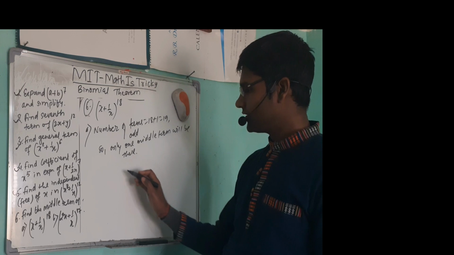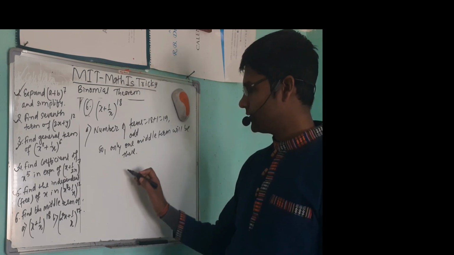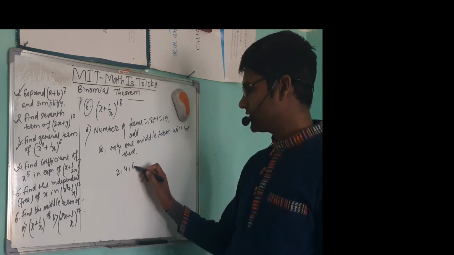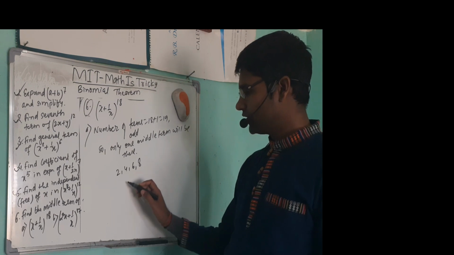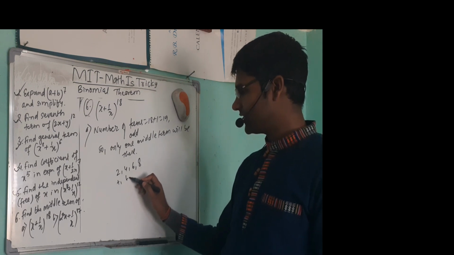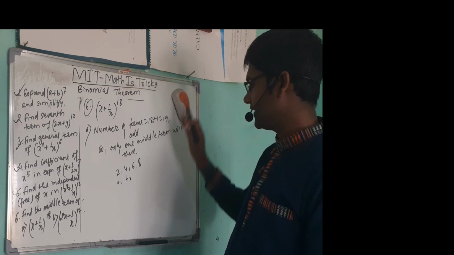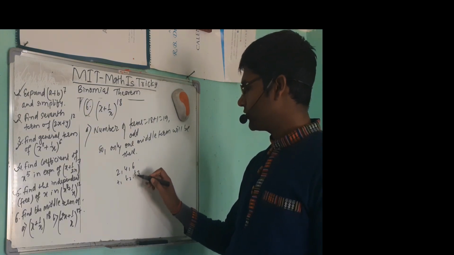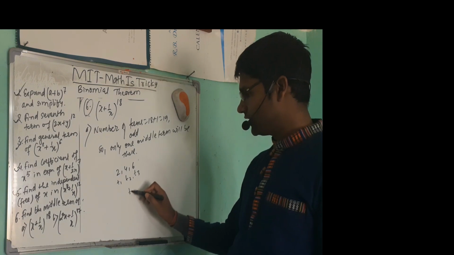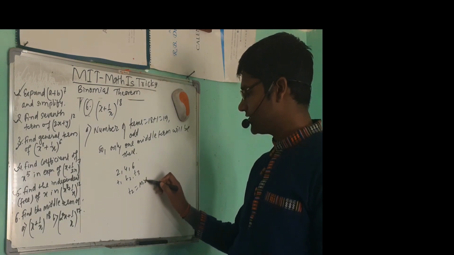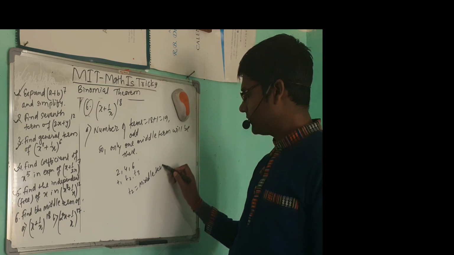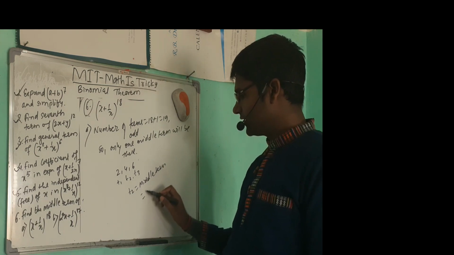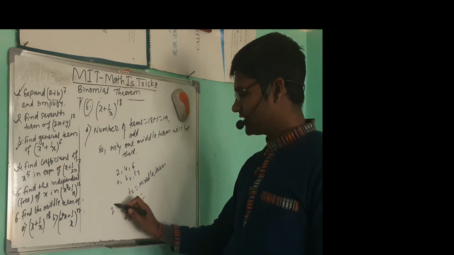Let me remind you with an example of an odd number of terms. If there are 3 terms, then t2 is the middle term, the second term.